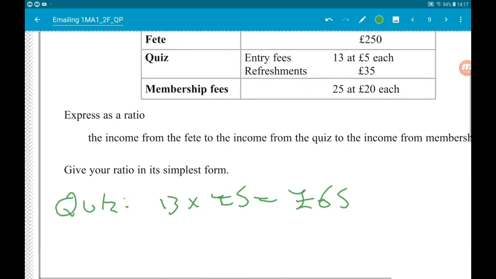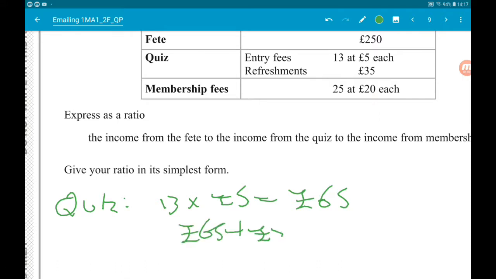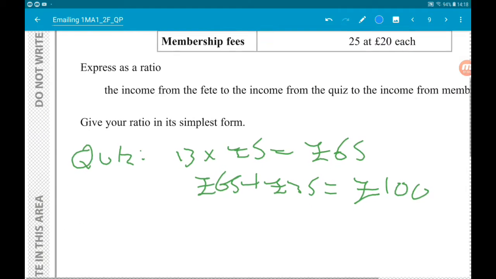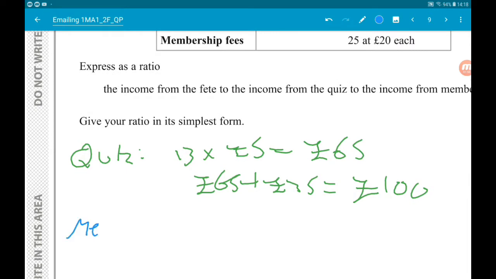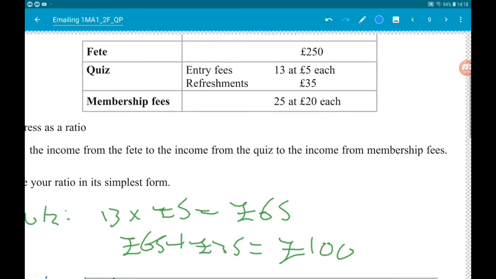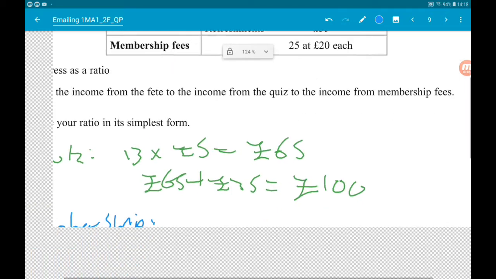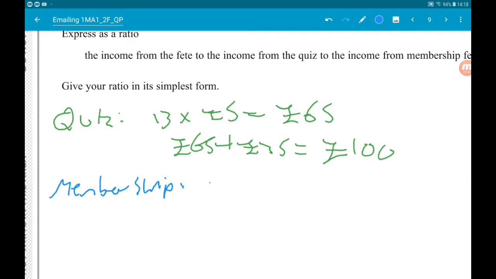Now 65 add 35 is £100. Okay. And then from membership, well, there were 25 members, they had to pay £20 each, so 25 times 20 gives us £500.